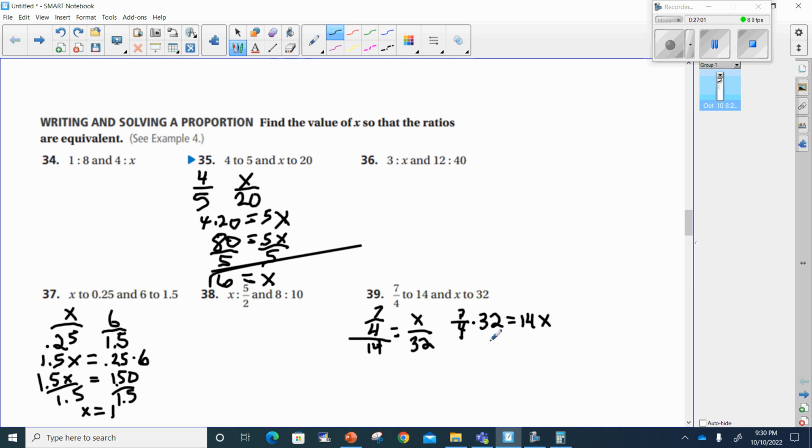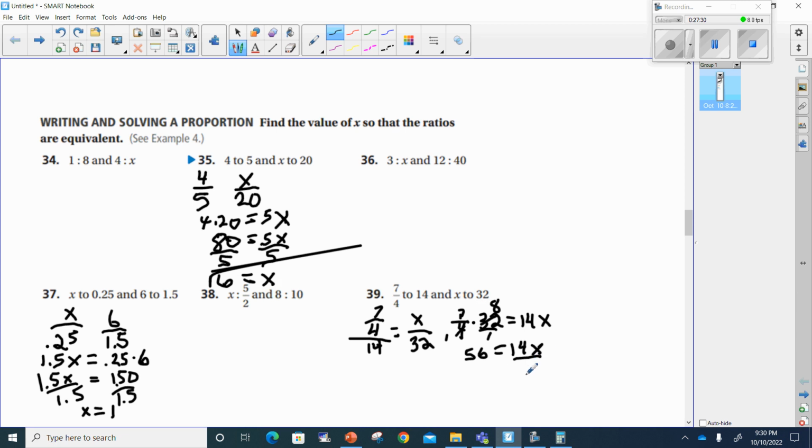Well, I remember that 32, I can make 32 over 1. I know 4 goes into 32 8 times. So 4 divided by 4 is 1, and 32 divided by 4 is 8. Now I have 8 times 7, and 8 times 7 is 56. So now I have 56 equals 14x.